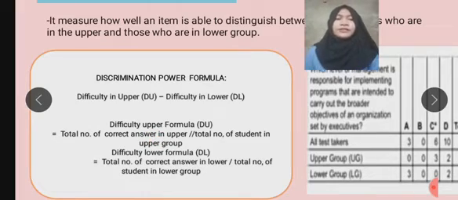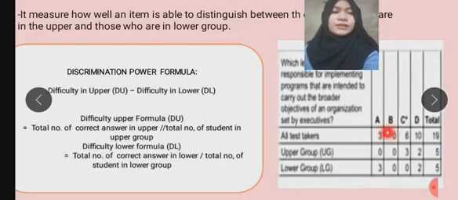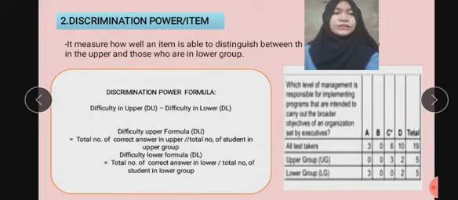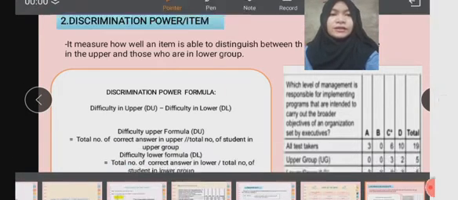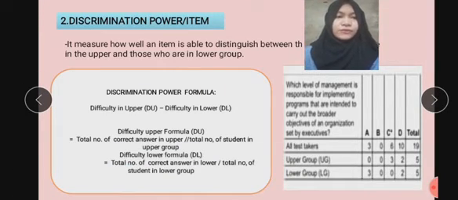Okay, so, i-divide siya. So, as we can see in the example kanina, yun din yung ginamit natin. Okay, so, total correct answer in the upper. Ilan? So, correct answer is 3, right? Kasi tatlo lang yung sumagot. And then, the total of the lower is 2.